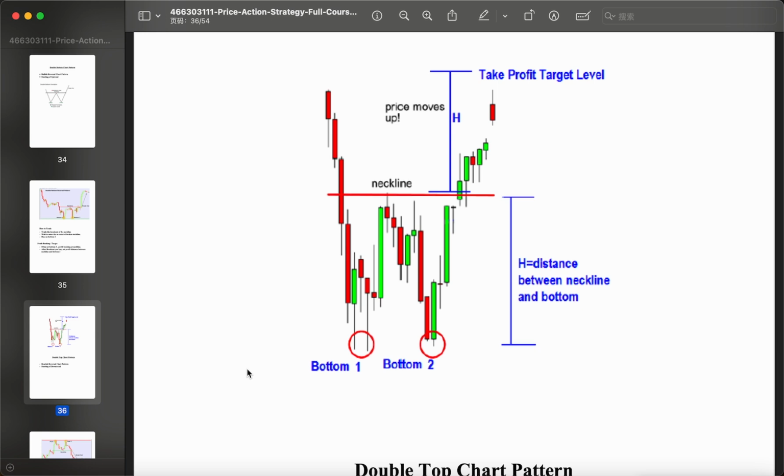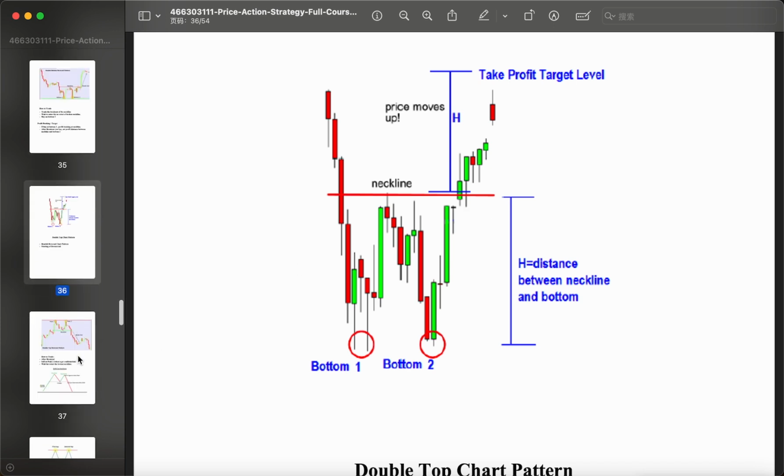You always need to do a lot of homework to make sure that you actually have a deeper understanding of the market structure. So this is the neckline, this is bottom one, this is bottom two, and this is the distance between the neckline and the bottom. So the price moves up here, and this blue area is where you take profit.